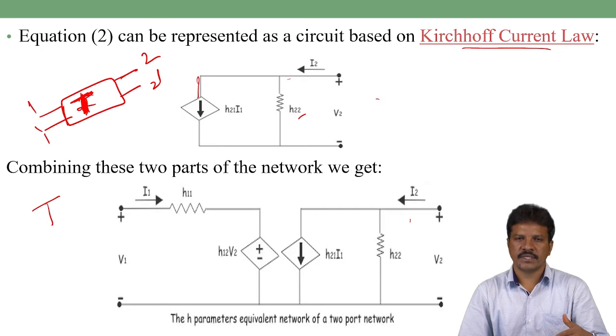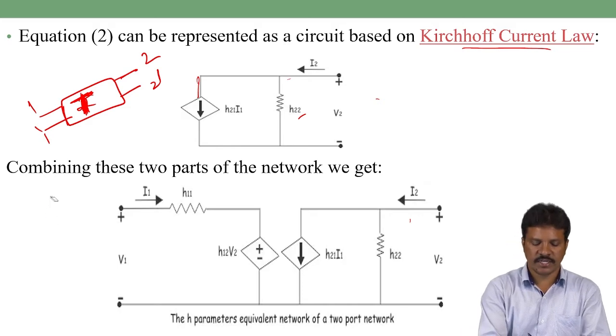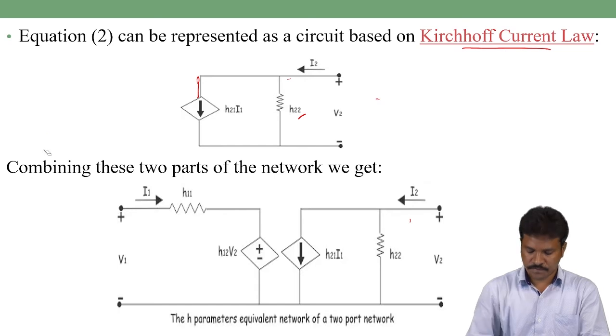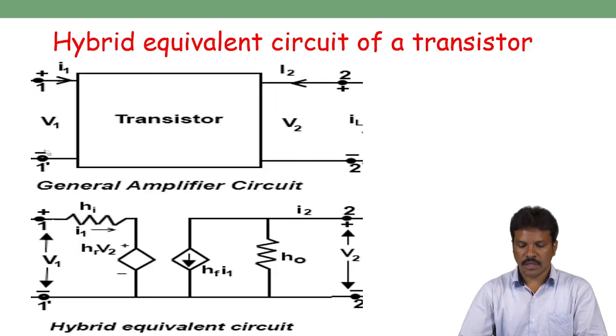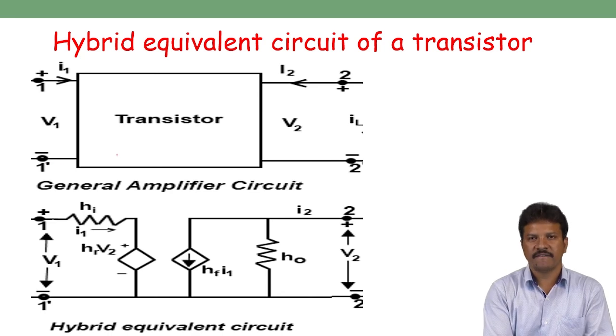A transistor connected in common base can be treated with H parameters. We can easily apply the H parameter model to CB, CE, and CC. Now let us see the equivalent diagram for a transistor connected in CE, CB, CC configurations. A transistor consists of three terminals.